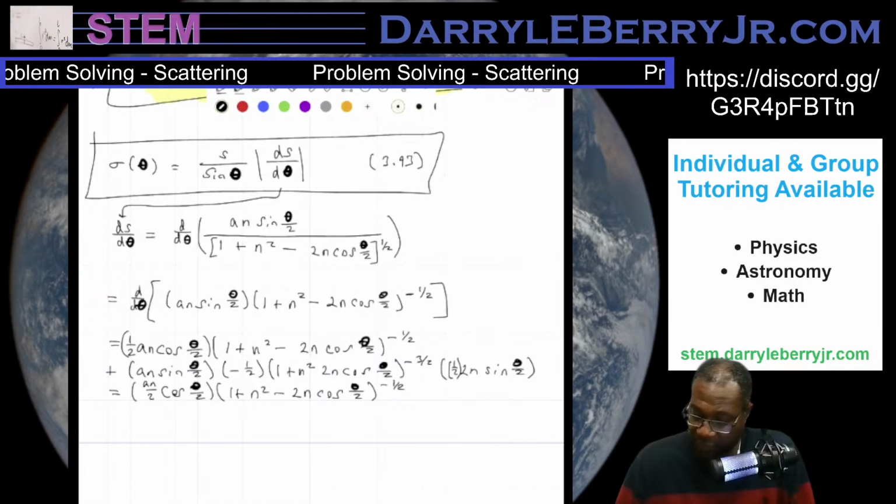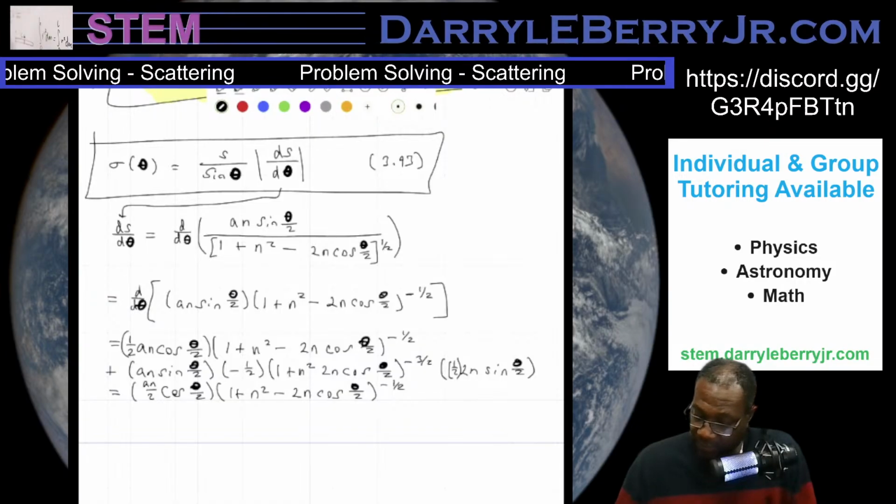That is a negative already. Then the cosine becomes negative, so that's positive.